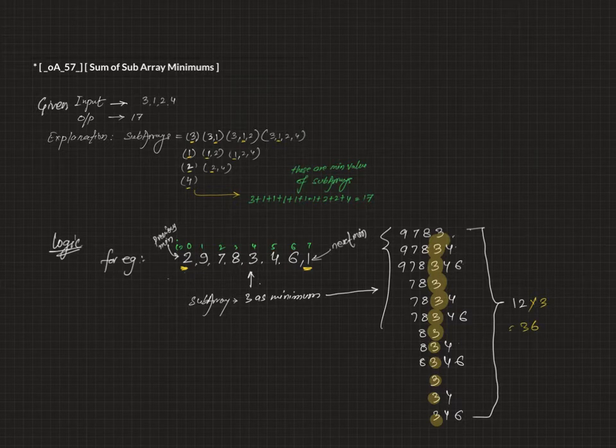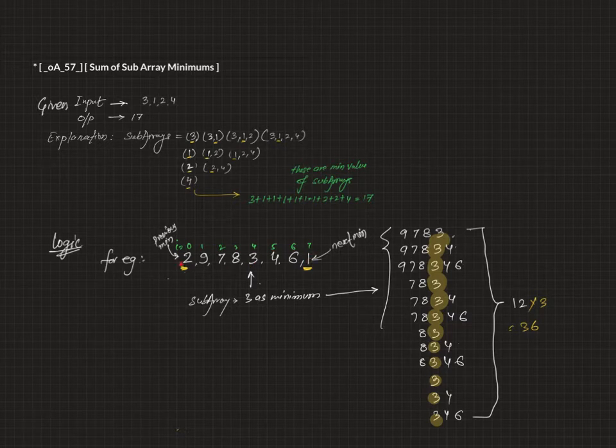So look at this now. If you notice, all the subarrays lie from this point to this point. So actually we are looking for the previous minimum of 3 and the next minimum of 3.